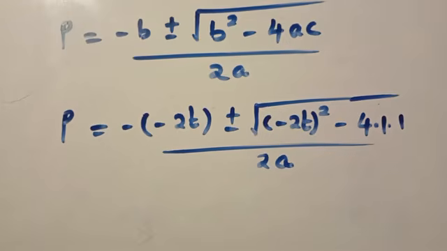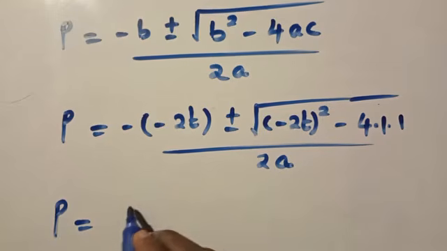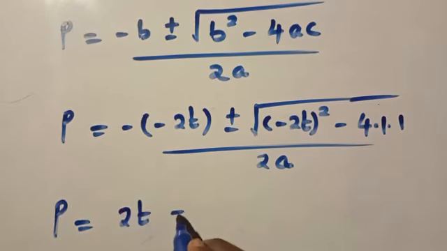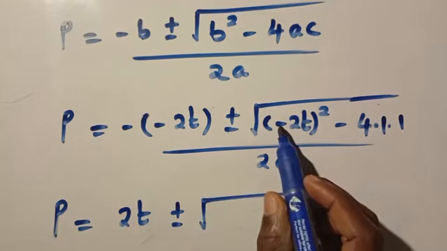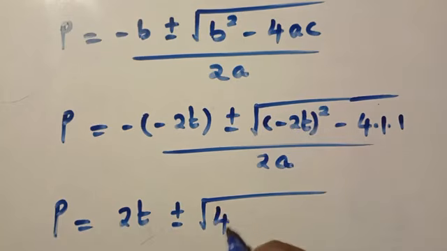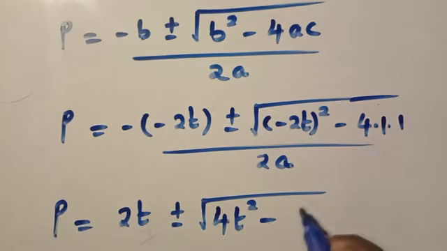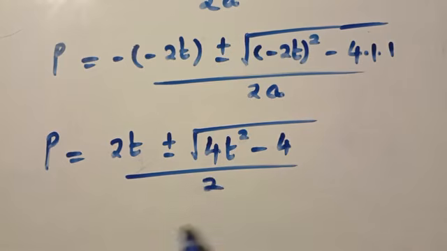Then we have p equals, minus times minus is plus, 2t plus or minus the square root of 4t squared minus 4, everything divided by 2.